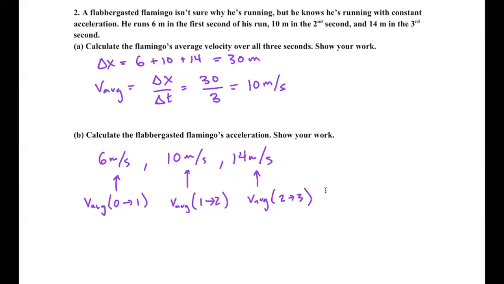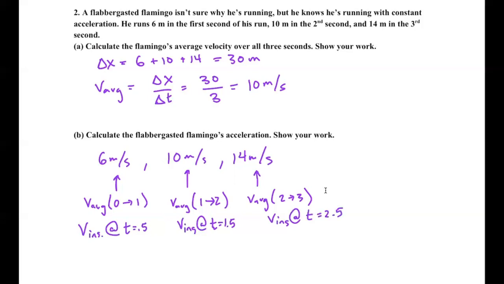That means that this is the same thing as the velocity, and I'll write it instantaneous here, at t equals 0.5 seconds. And this one is the same for t equals 1.5 seconds. And this is the same thing as the instantaneous velocity at 2.5 seconds.